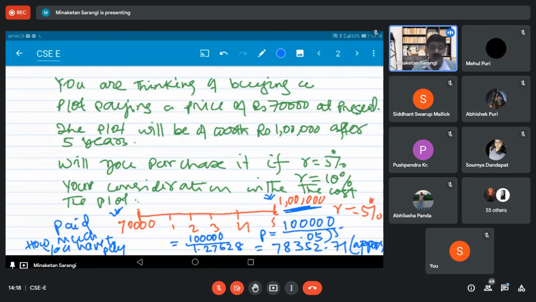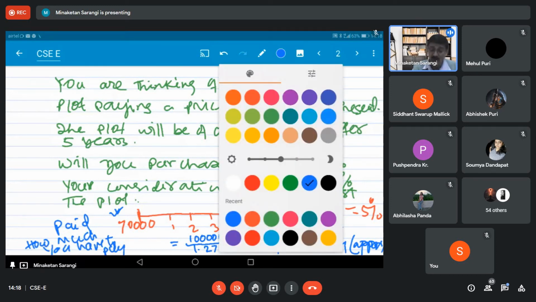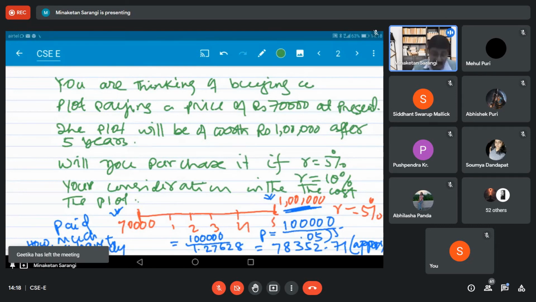But if it will be sold at 1 lakh after 5 years at a rate of interest 5%, how much do you have to pay right now? You have to pay 78,352, or rounding it, 78,353. Now you actually paid 70,000. Now to get 1 lakh, you have to pay 78,352. What will be your decision then?